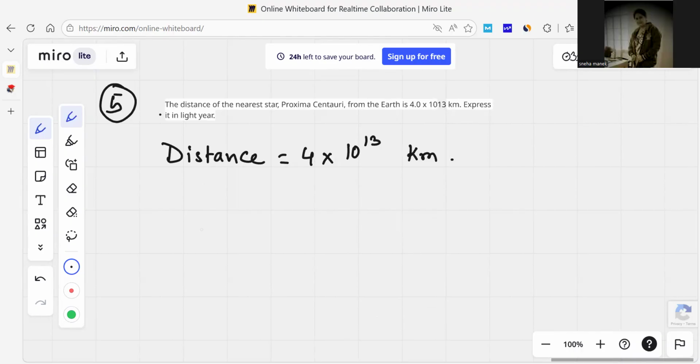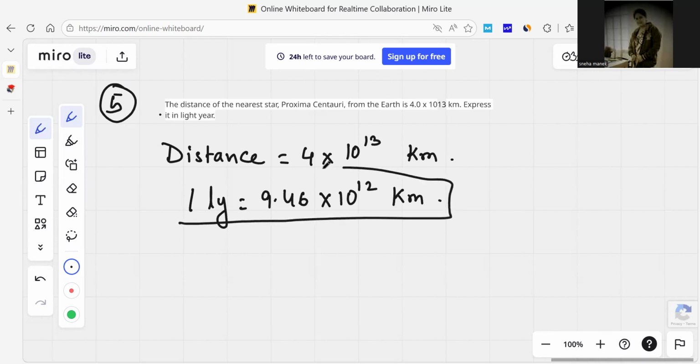And we have to express this in light years. So 1 light year equals 9.46 into 10 to the power 12 kilometer. So this is the relation. The formulas must be learned by heart.